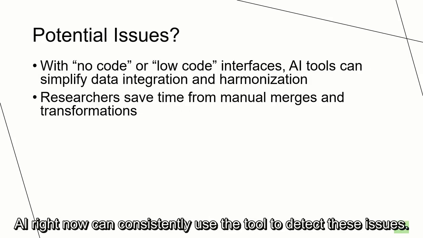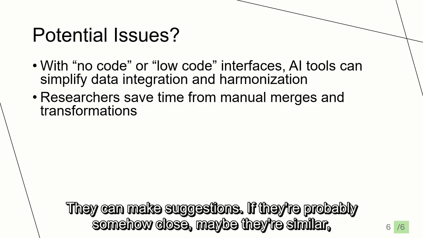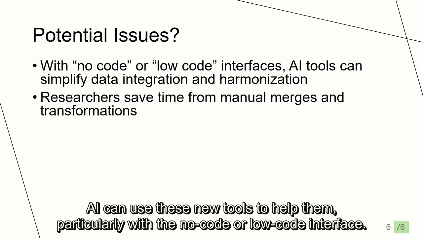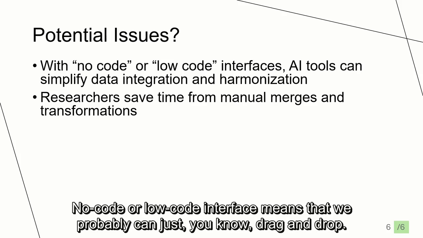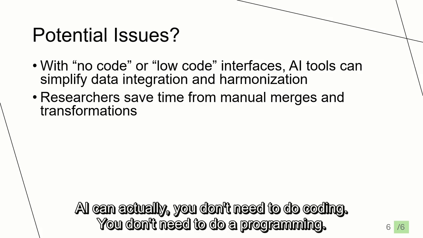AI right now can use tools to detect these issues. They can make suggestions if fields are somehow close or similar. AI can help, particularly with no-code or low-code interfaces. No-code or low-code means you don't need to do coding or programming.